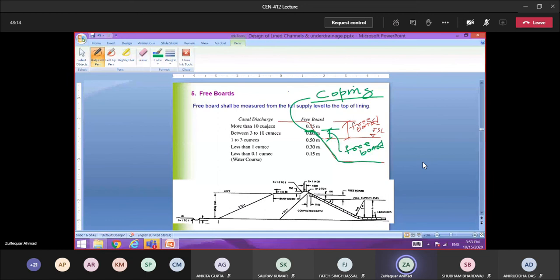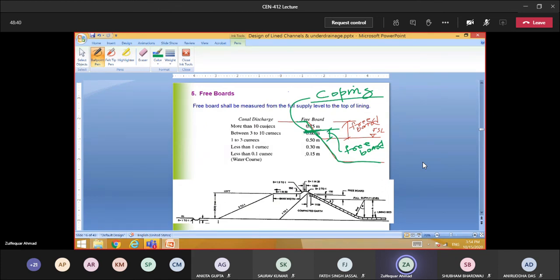In the lined canal, the freeboard is from the full supply level to the top of the lining, which is below the top of the bank. Maybe in some cases it is up to the bank. I'm not saying that it will always be below the bank, but up to the lining, चाहे यहाँ पर हो या यहाँ.